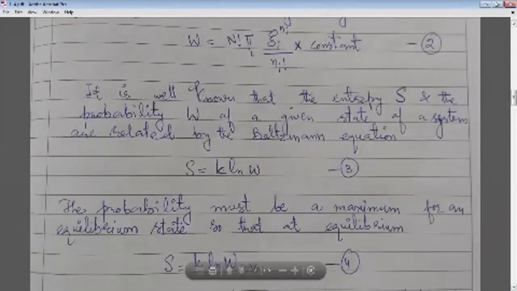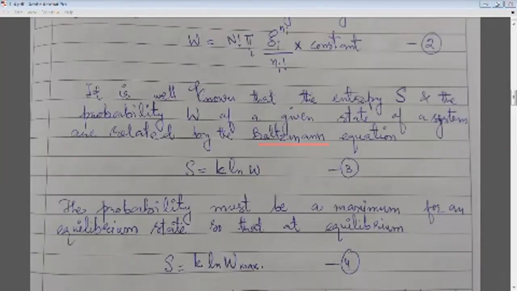We can write this Boltzmann equation as S is equal to k ln W maximum. That means now the probability is maximum, and when the probability is maximum, it is at the equilibrium state. This is equation number 4.